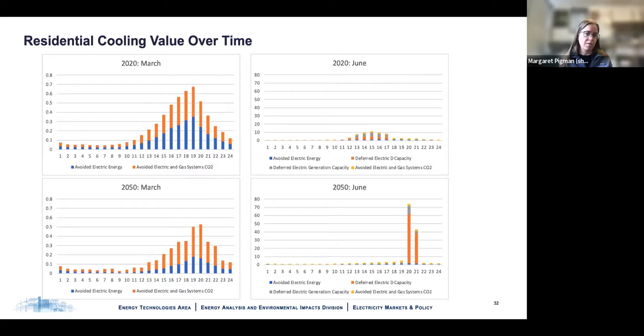And because of the hourly costs that were entered into the calculator, the value on a typical day is going down, but the value on the peak day is really rising.